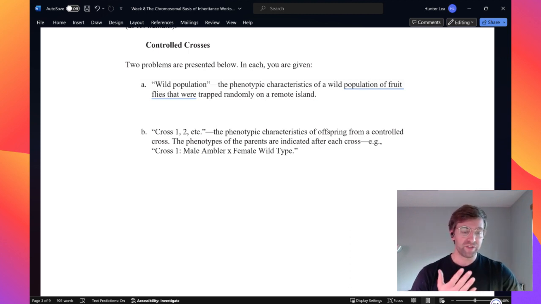And then B, you're given cross 1 and 2, etc. The phenotypic characteristics of offspring from a controlled cross. The phenotype is the thing that you can observe. It is what is genetically expressed, and we have to make inferences based on what is expressed. So the phenotypes of the parents are indicated after each cross. Example, cross 1 male ambler crossed with female wild type.